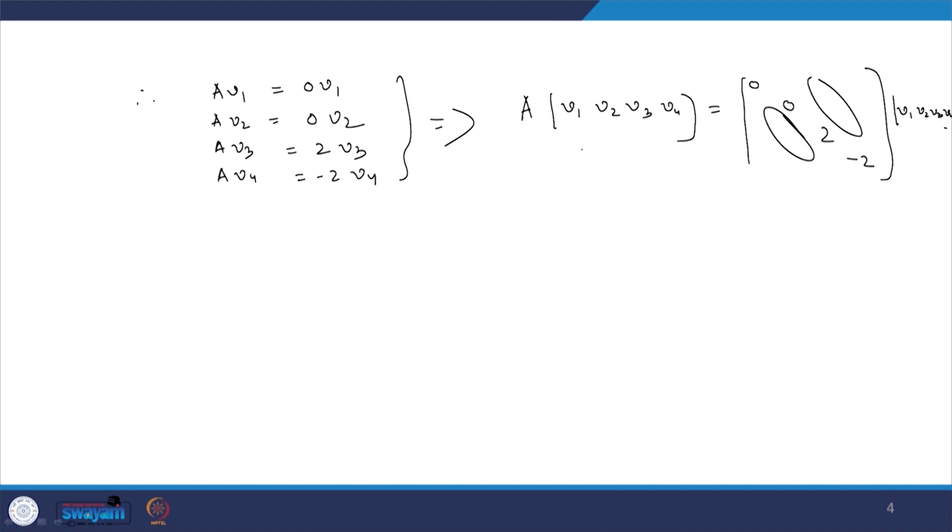If I denote this matrix as capital P, we have AP equal to, suppose, some capital G, so G into P, where G is a diagonal matrix.